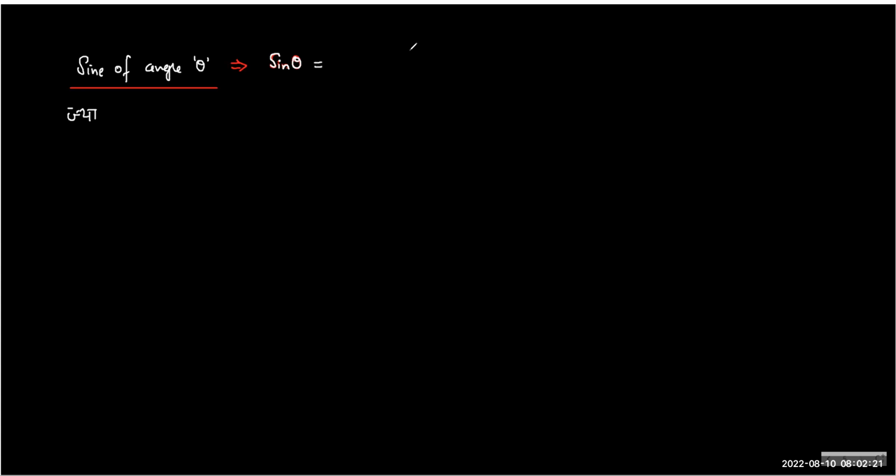For the given triangle, let me draw the triangle again here so that you can see. So how do we define sin theta? It is the opposite upon the hypotenuse, or you can say perpendicular upon hypotenuse.